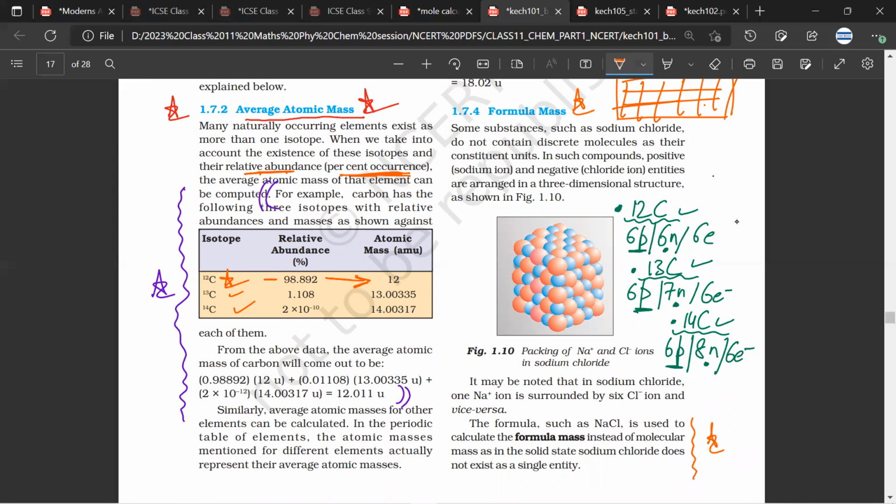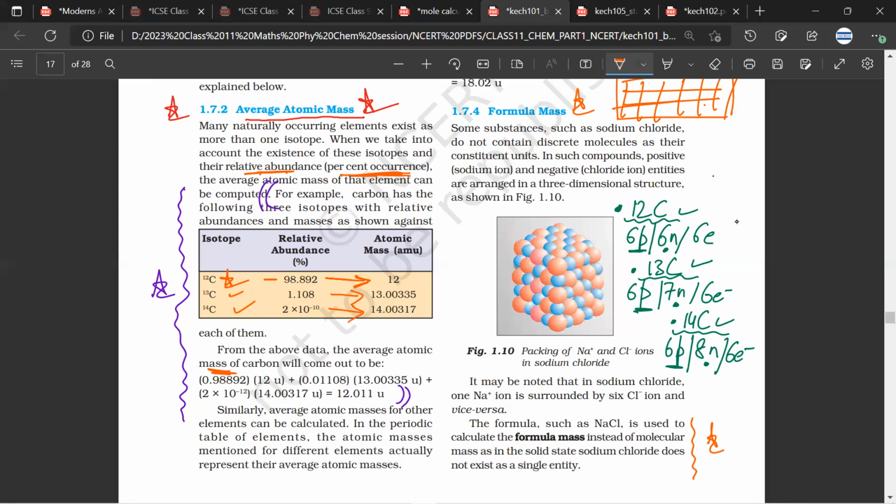C13 would have 6 protons and 7 neutrons. It would have atomic mass unit of 13. And C14 has 6 protons and 8 neutrons, so it is given atomic mass unit of 14.00317. Is it making sense? And now, as per the abundance of the different isotopes, a weighted average is calculated, and this is how it is done.